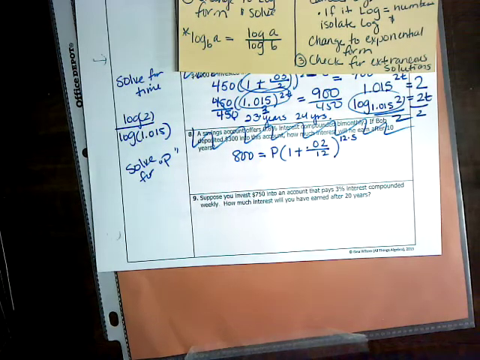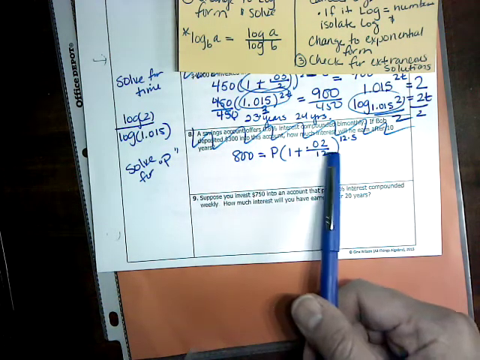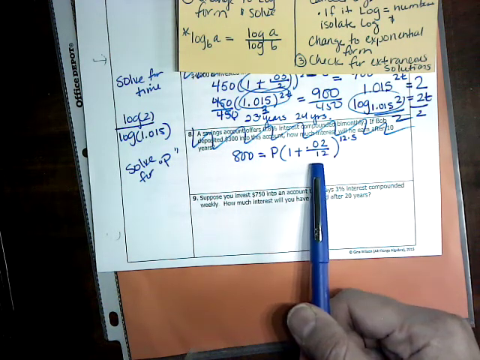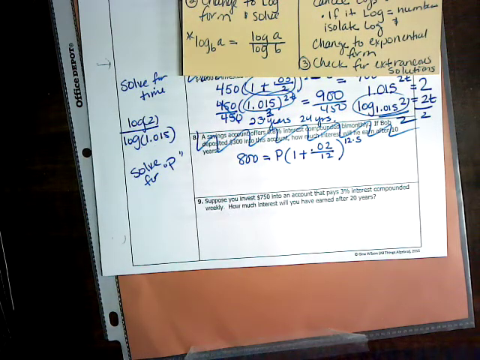This scenario is, what do you need to invest, with interest at 2% compounded monthly, in 5 years to get $800? So is this an exponential equation? No. Why is it not? That's right. This is just a linear, two-step equation.